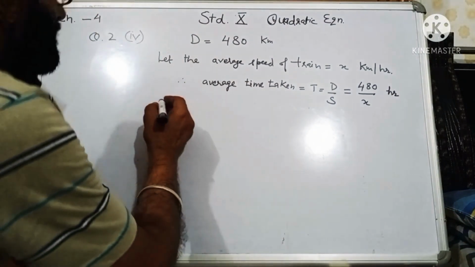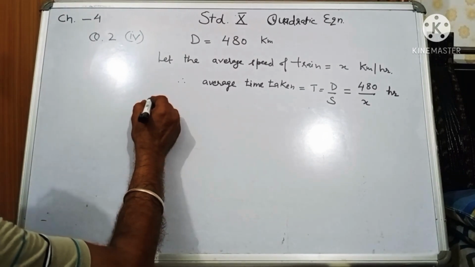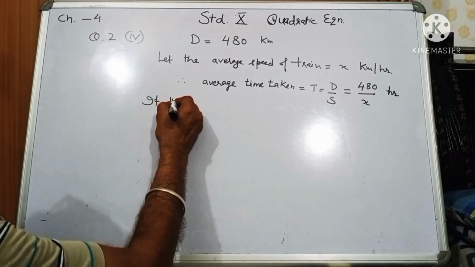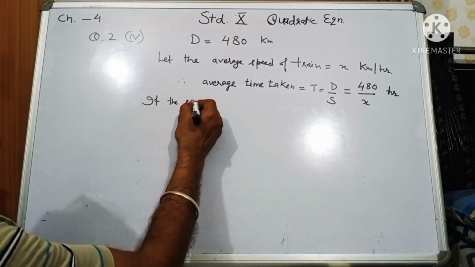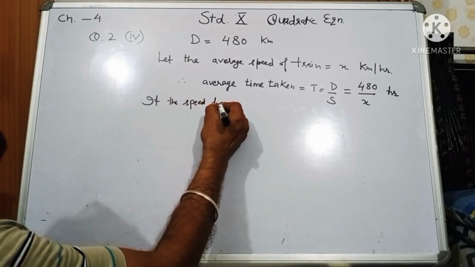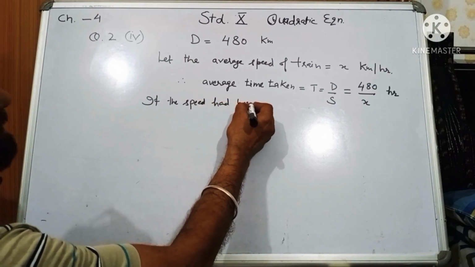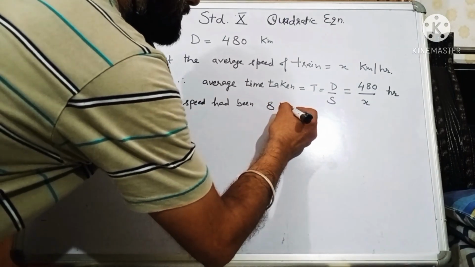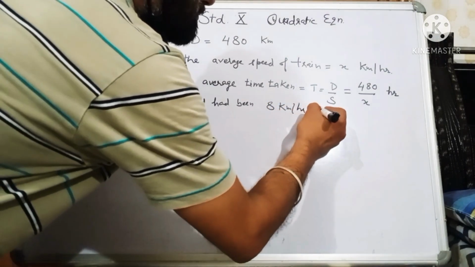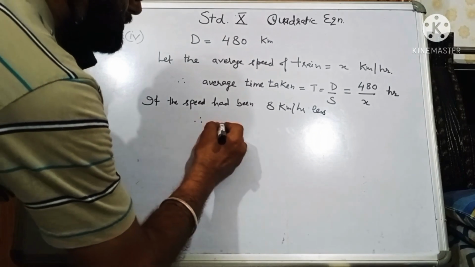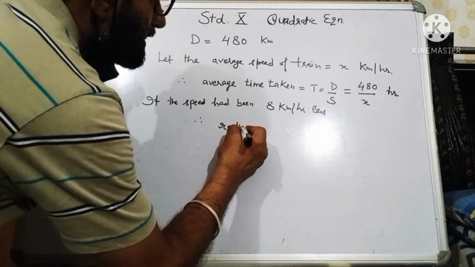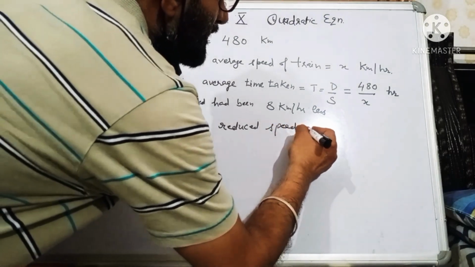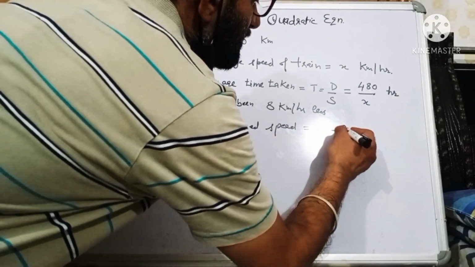Now if the speed had been 8 km per hour less, the reduced speed will be x minus 8 km per hour.